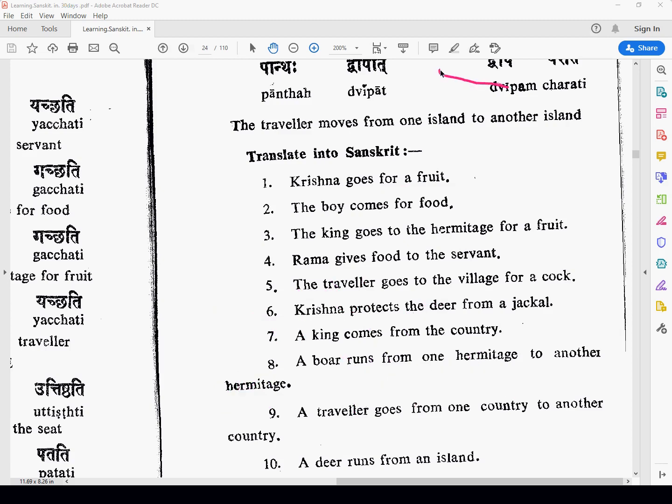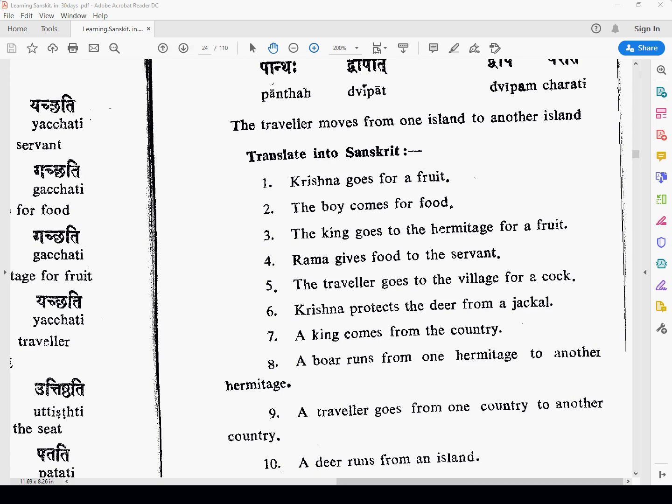Similarly, the boy comes for food. Balaha agachati annaya.